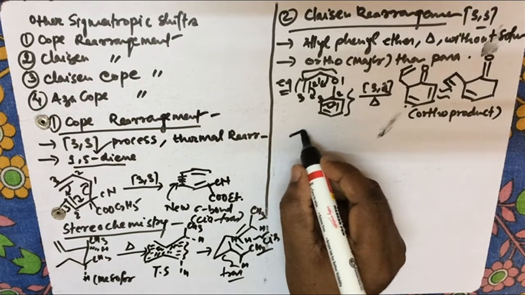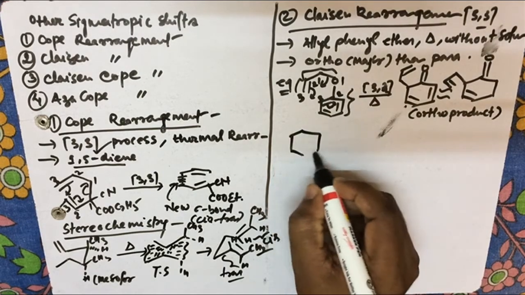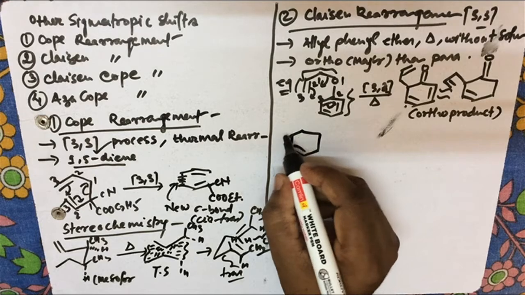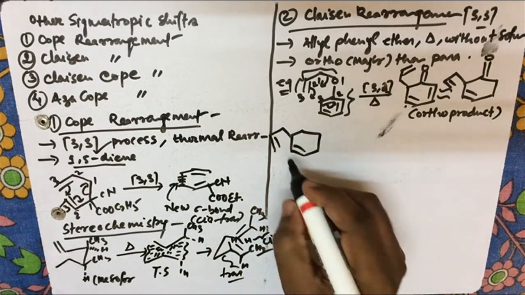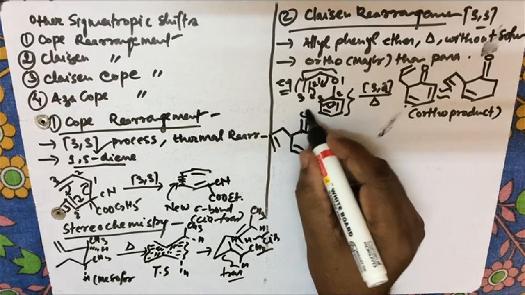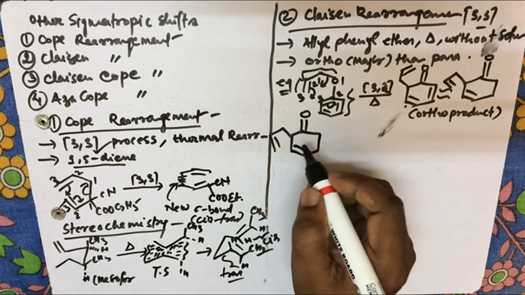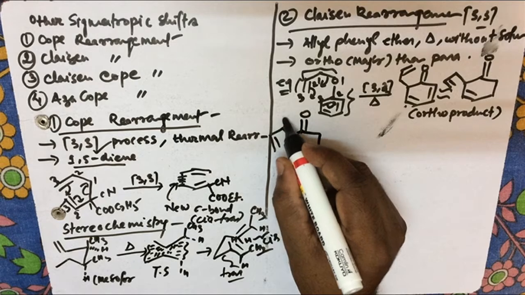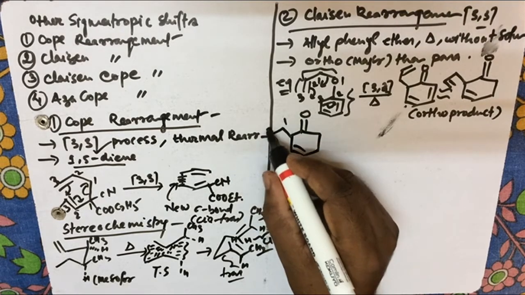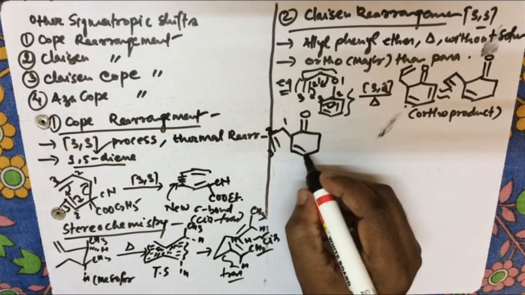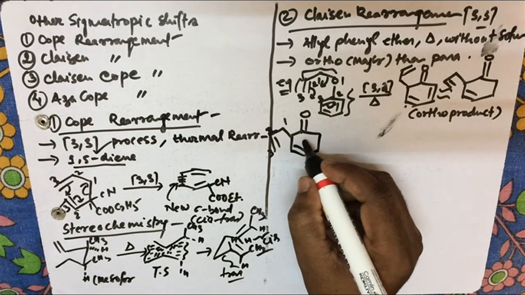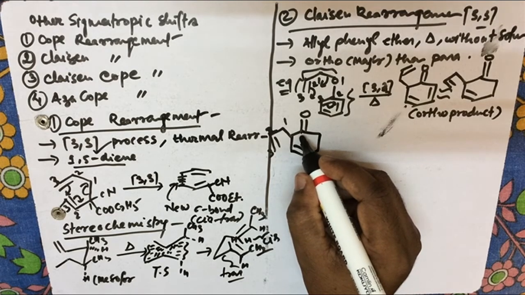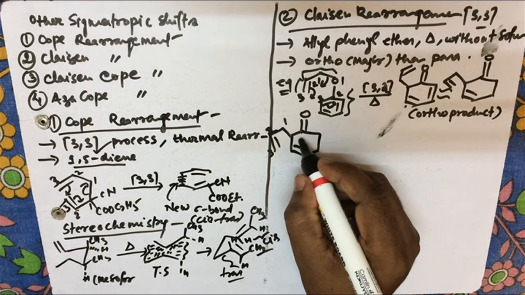So here, if you see, you will also get the 3,3 sigmatropic shift, 1, 2, 3 and 1, 2, 3.